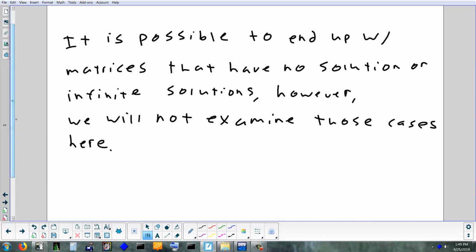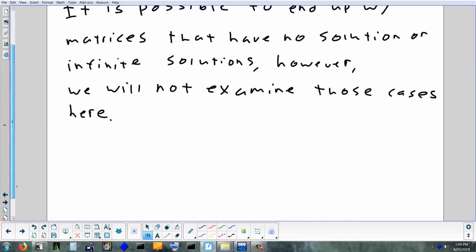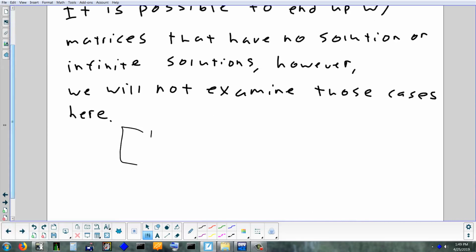So when you solve a problem with a matrix, the same type of thing can happen as yesterday, and we've already done it, so I'm not going to look at it again with a matrix. But you can get no solution, and you could get infinite solutions. If you ended up with something like this, do you think that would be no solution or infinite solutions?